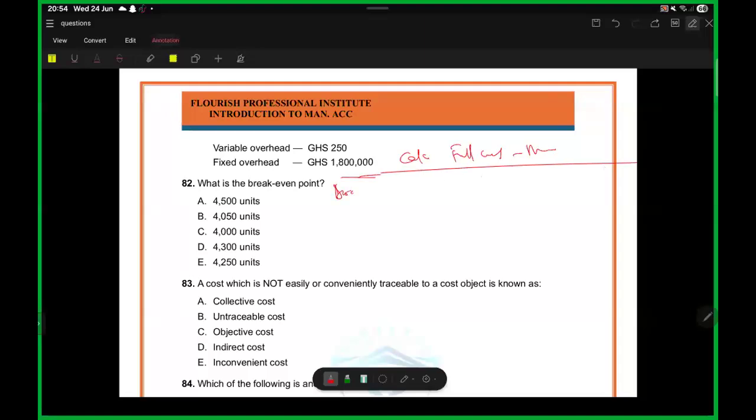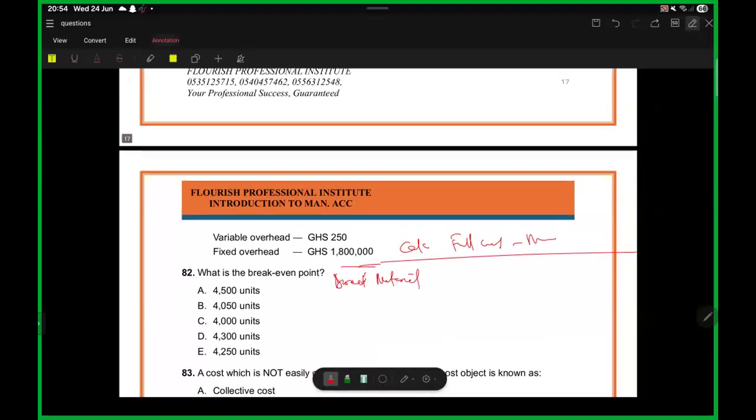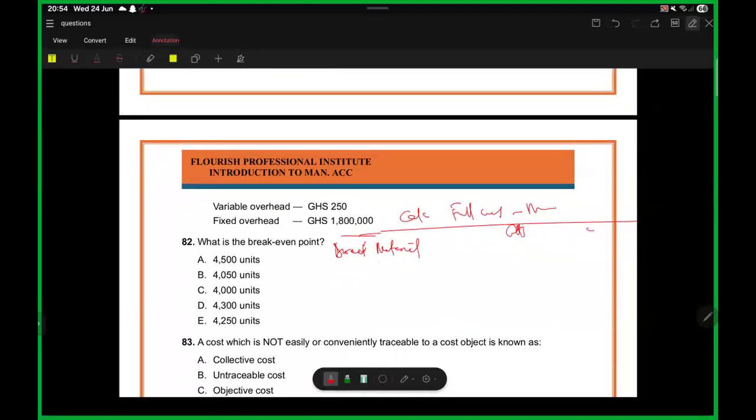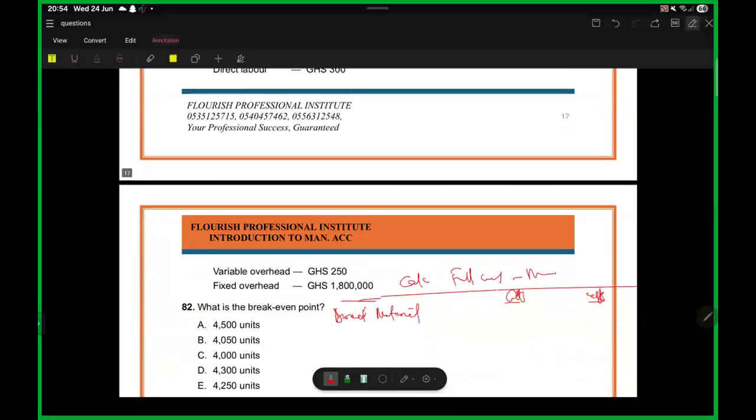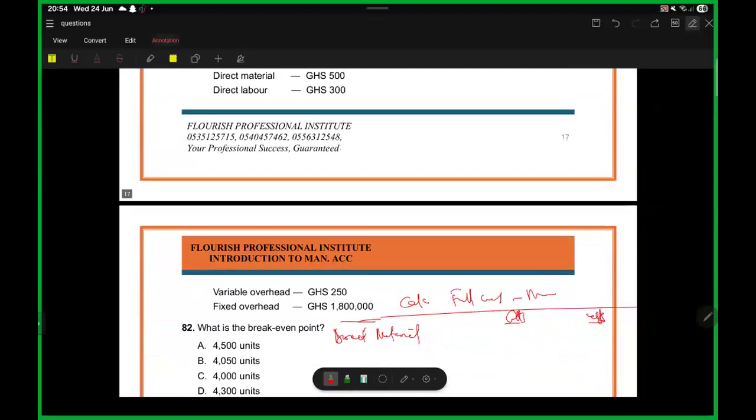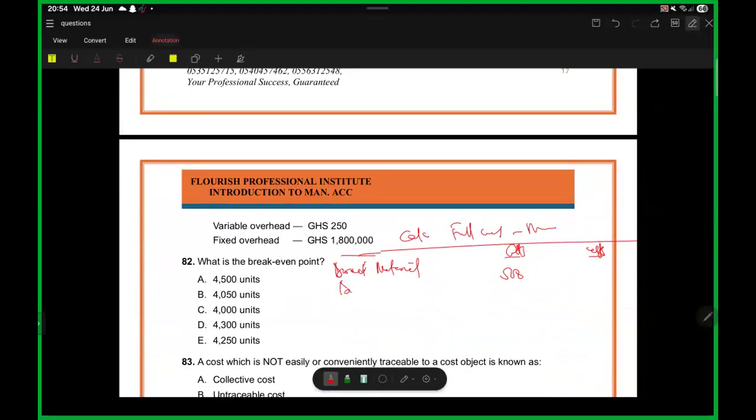This is what we do. We have direct material, which is 500. We have direct labor, which is 300. There is no direct expense, so I add the two and I get my prime cost of 800.